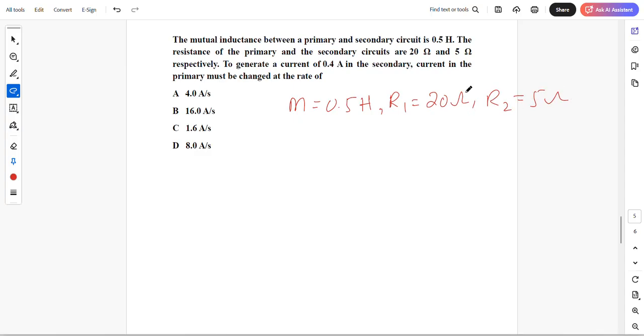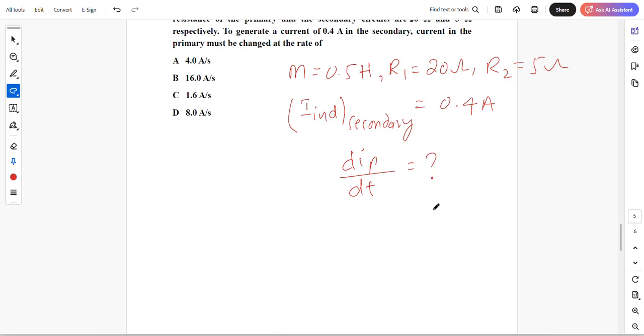To generate a current of 0.4 amperes induced in the secondary, how many amperes? 0.4 amperes. The current in the primary must be changed, you have to calculate dIP by dt, how much?